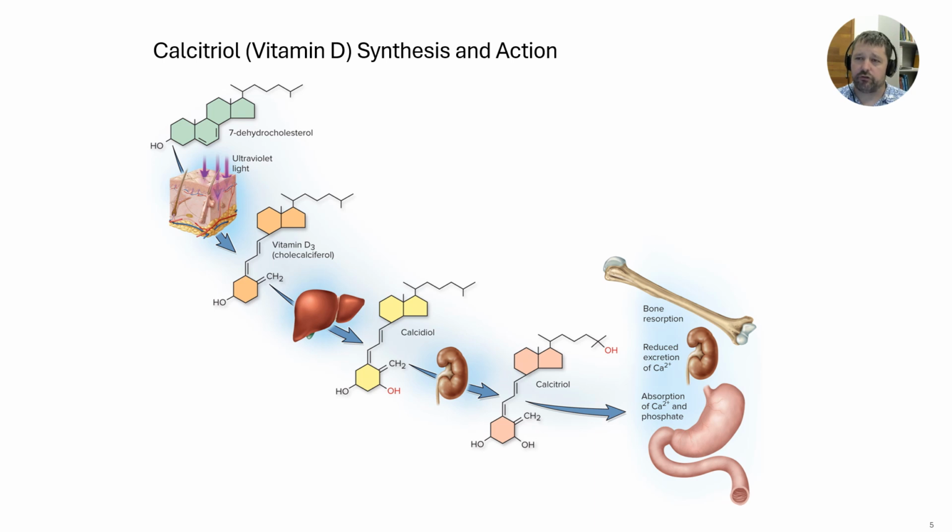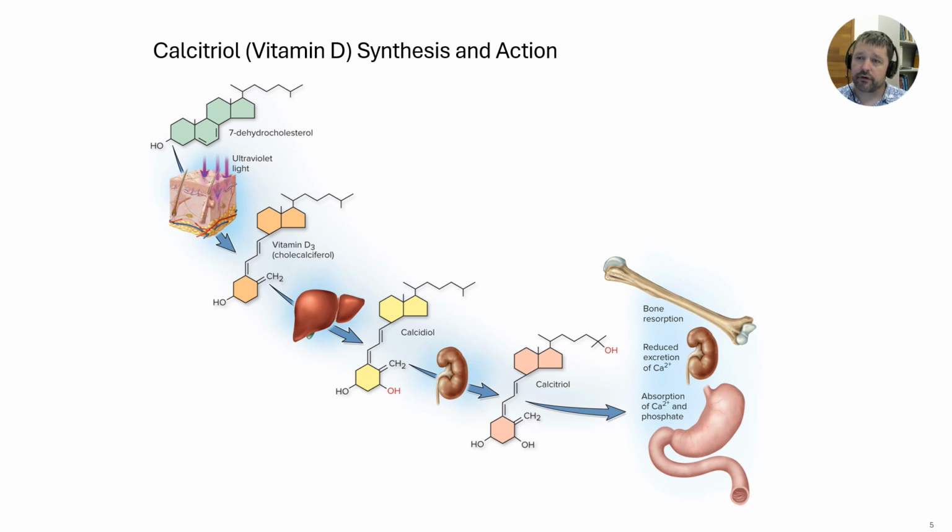So UV radiation is good at breaking bonds and having the bonds kind of reform. And that's what occurs. When it does, it's called cholecalciferol, or vitamin D3.